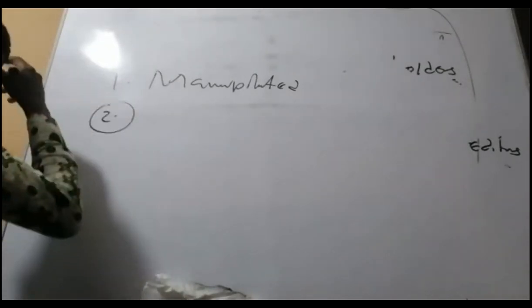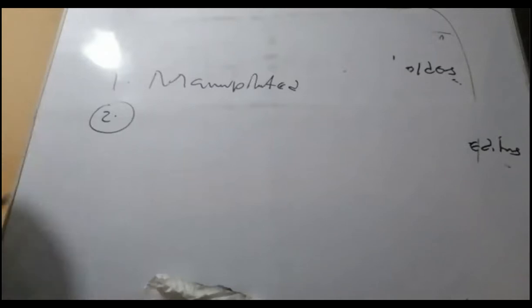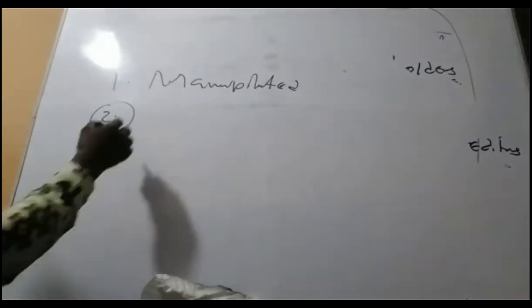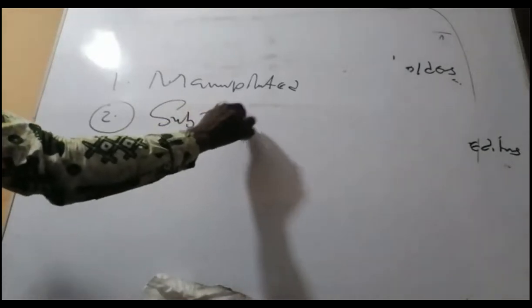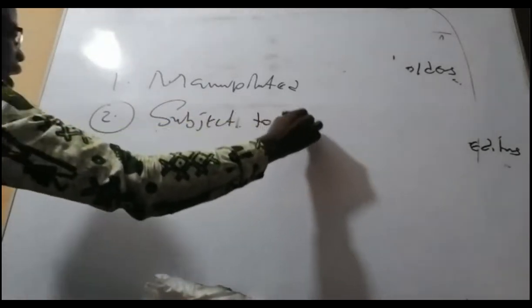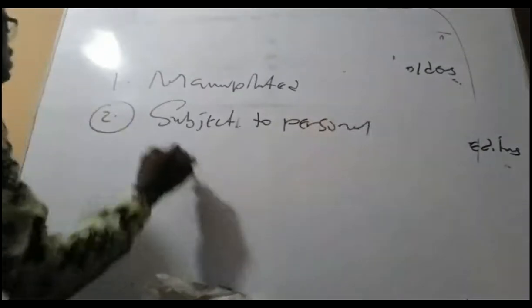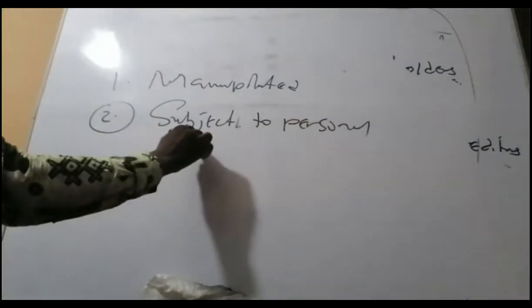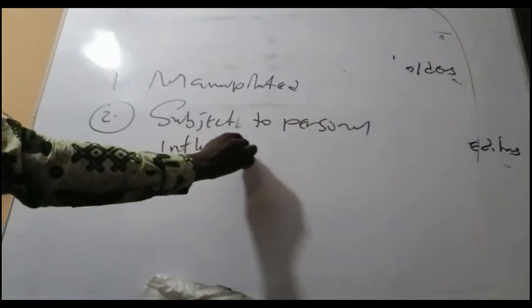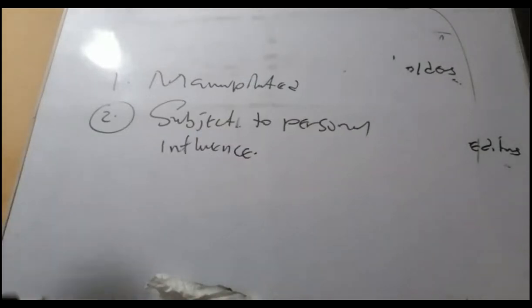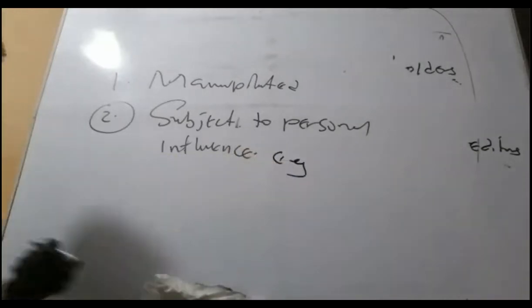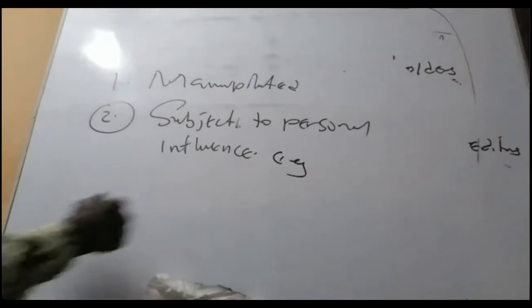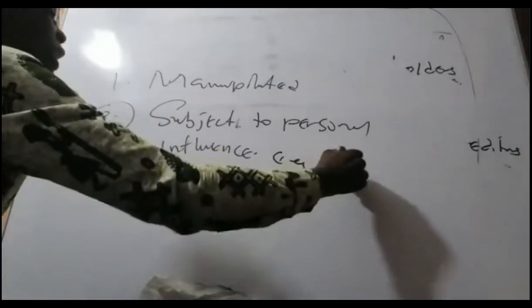Number two, it is subject to personal influence. We can give an example. Most of the items in the financial statements are estimates, e.g., how figures are estimated in the books.